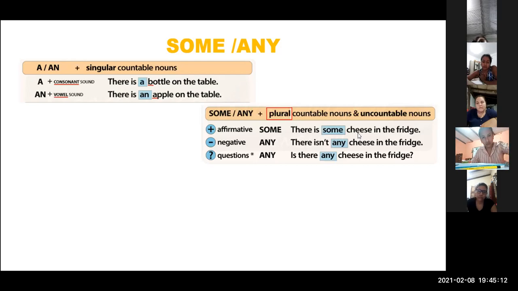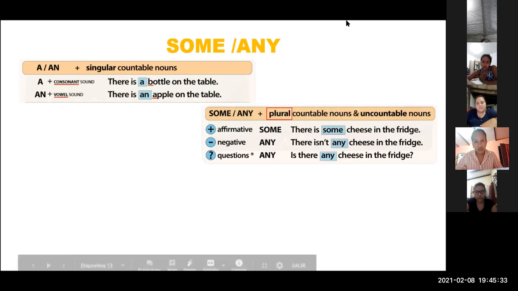Oh, sorry, teacher. There are three apples here on the table. There are some apples on the table. Okay, some because we are talking about some, right?